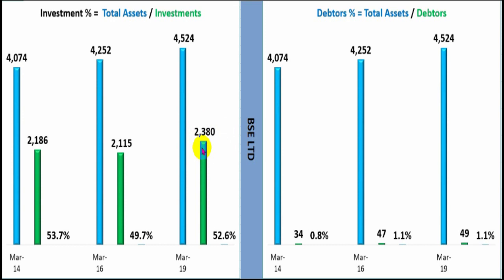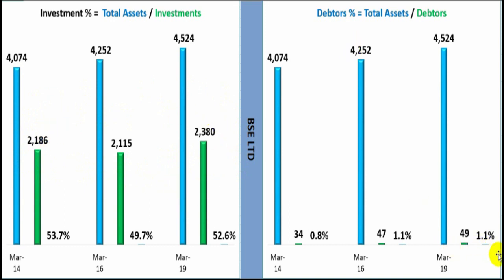And now here we see that the company's investments are substantially higher at around 2,380 crores. Throughout the years, we see that it has always been above 2,000 crores. More than 50% of the total balance sheet size is in investments. So this definitely needs to be investigated as to what kind of investments this company has made and how much it is earning on these investments.